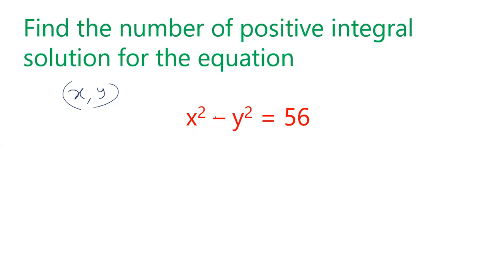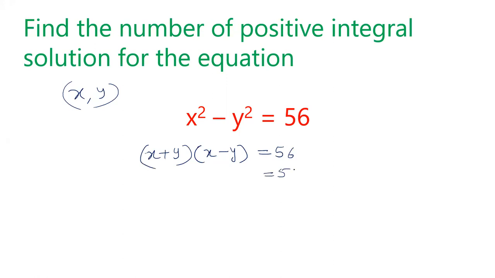Friends, we know that a square minus b square is (a plus b) into (a minus b). So x square minus y square is (x plus y)(x minus y), which is 56. So we have two different numbers whose product is equal to 56.